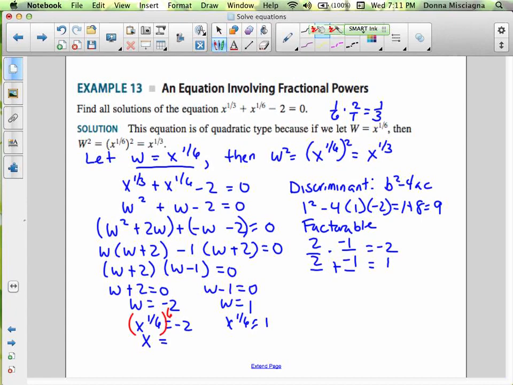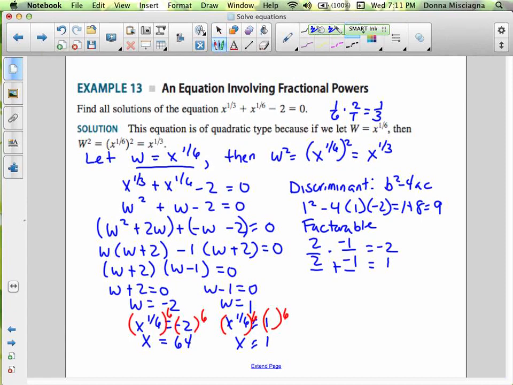So negative 2 to the 6th power is going to be 64. And 1 to the 6th power is just 1, because 1 to any power is 1. So x equals 64 and x equals 1. Now, we did raise things to powers, and sometimes that causes us to have extraneous solutions.